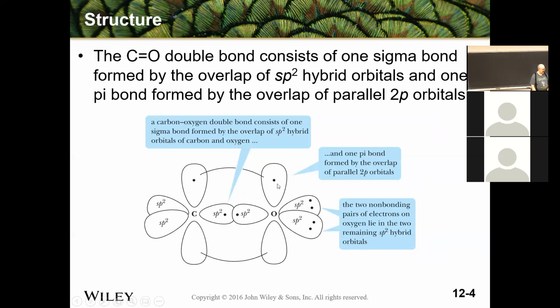And then there's a pi bond. Okay, there were 3 p orbitals, but we only used 2 for hybridization, so there's one unhybridized, which is perpendicular to the trigonal planar electron distribution, and these form a pi bond. Right, for the oxygen, the other sp2 orbitals contain lone pairs.